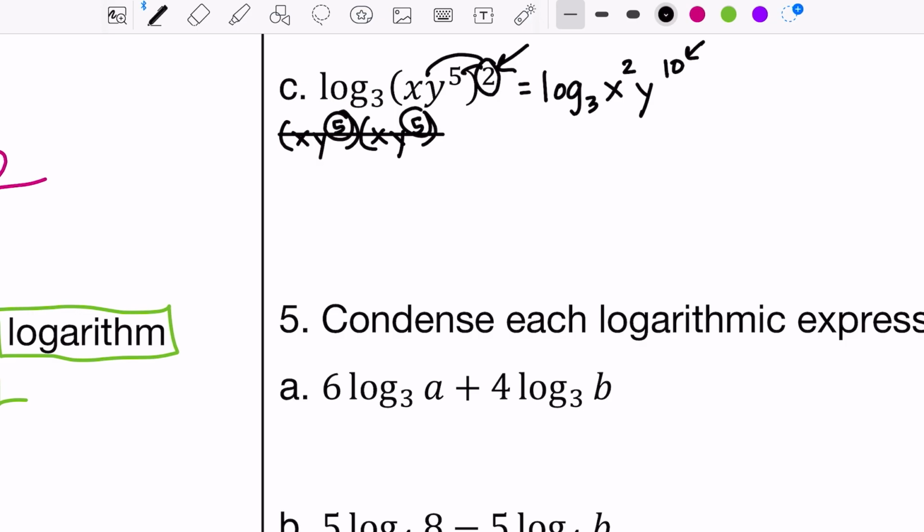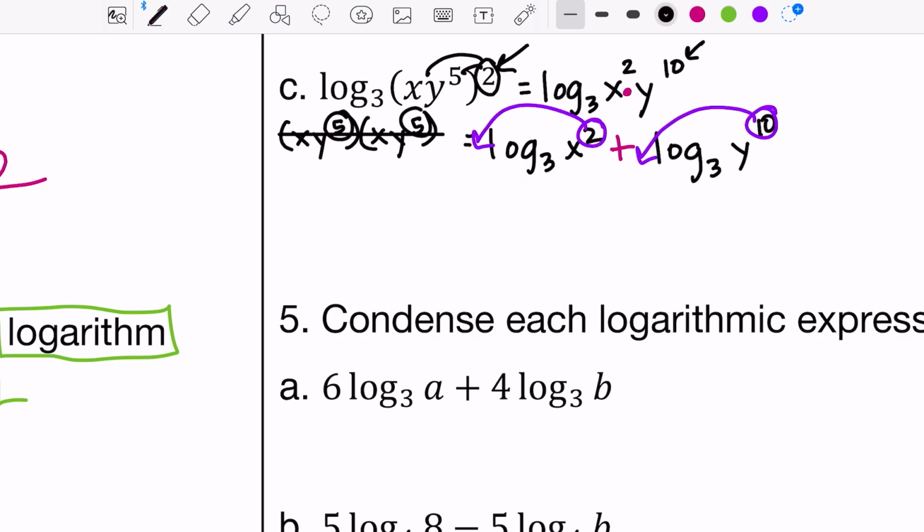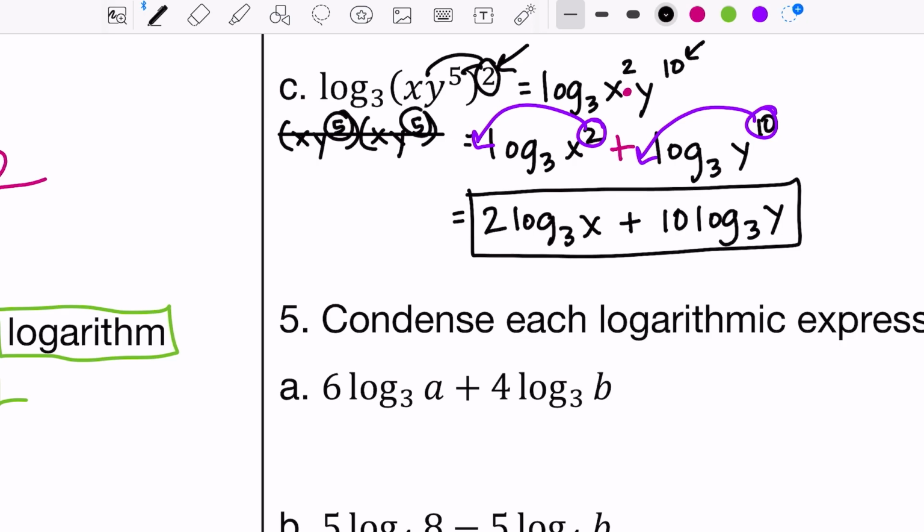So now we see that we have multiplying going on here. So that means we are going to write log base 3 of x squared plus log base 3 of y to the 10th. And then we're going to use that exponent rule that says multiply it in front to get to log base 3 of x plus 10 log base 3 of y. And that's our final answer there.